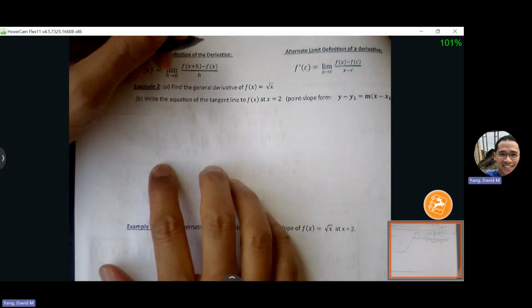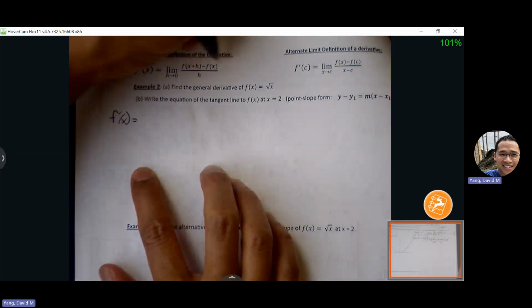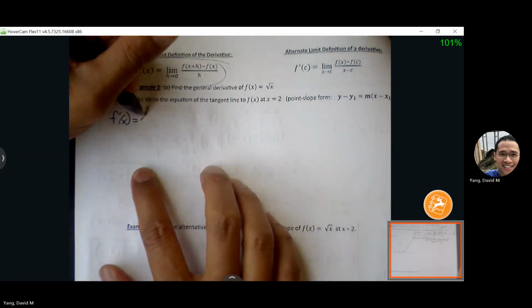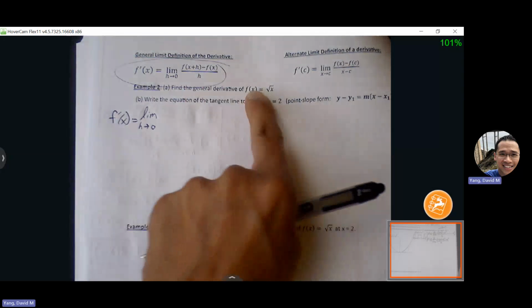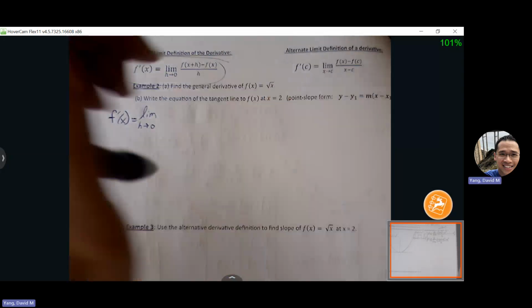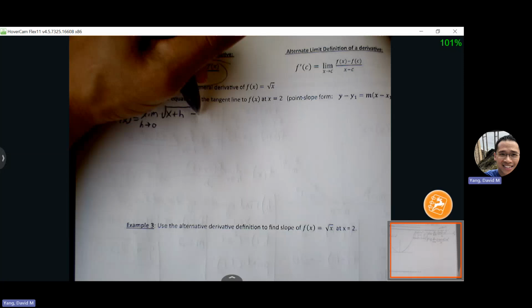So let's go ahead and write out our entire definition here. So f of x plus h, we're just replacing the x with x plus h there. Minus, what's my f of x? Just root x, just the original function, right?